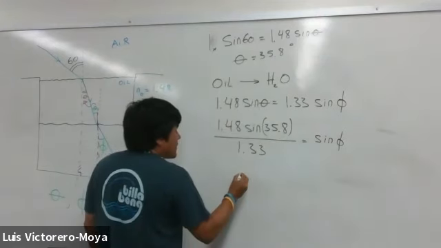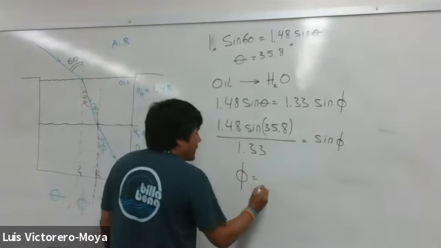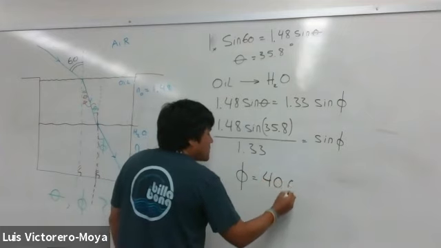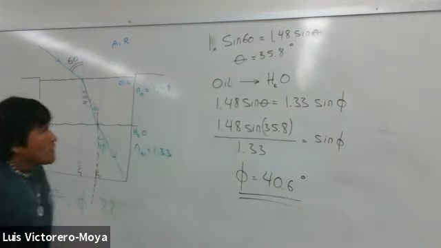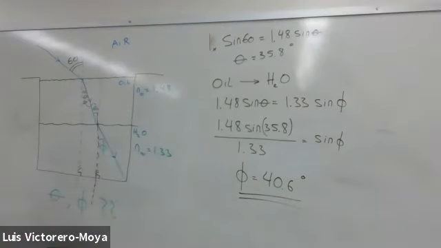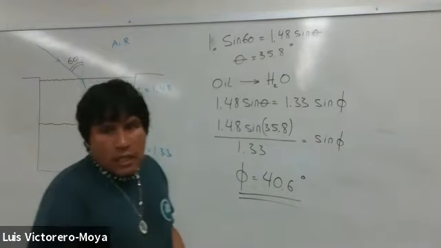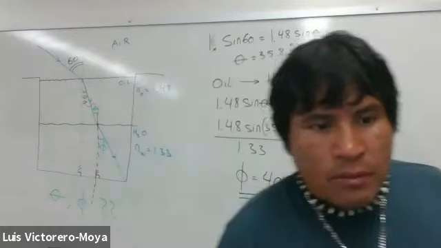So phi was not much greater, but still greater, 40.6. That's the only thing that you need to sort of remember, right? So that's double refraction. Are there any questions about that?